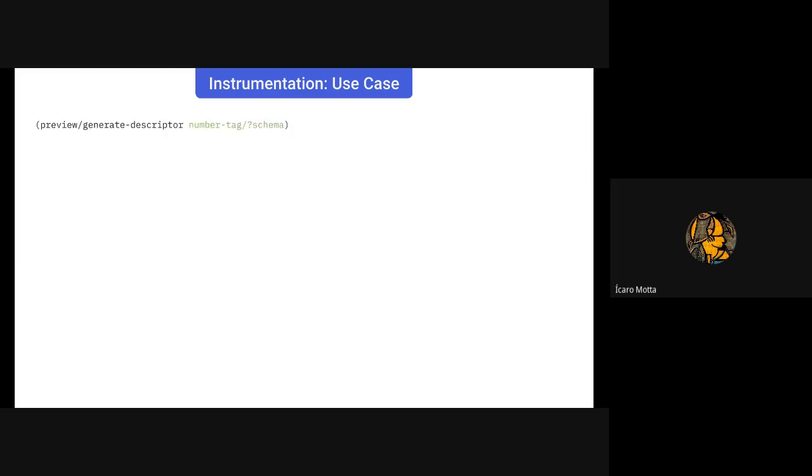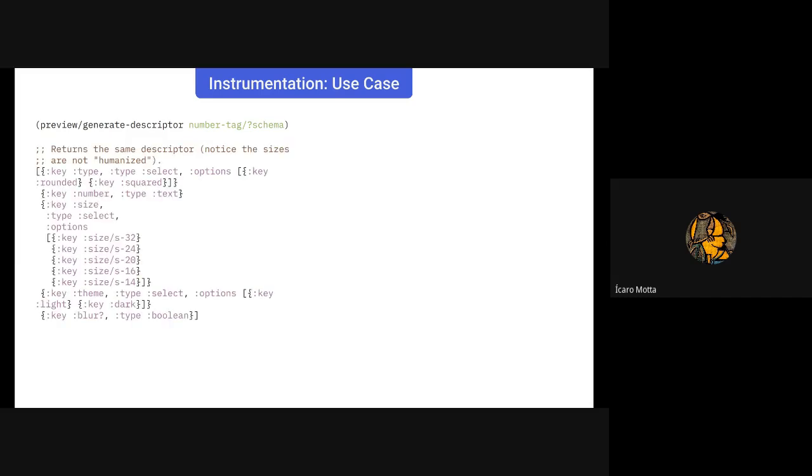I wrote a generate descriptor function, which takes the schema. That's why we made it public in the namespace of the number tag. And then it returns a very similar piece of data. But as you can see, the size options don't have the humanized names.